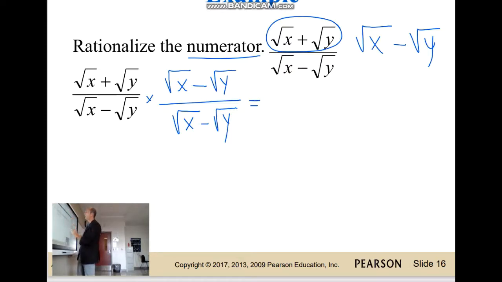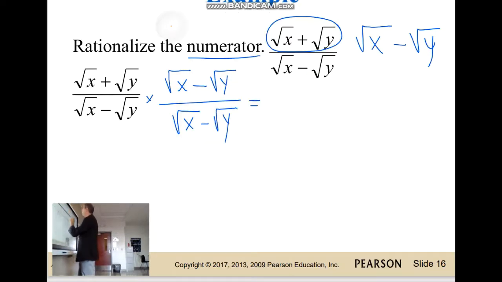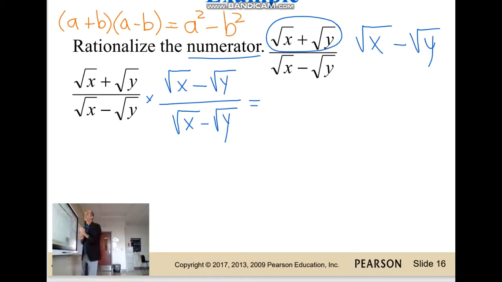We rationalize the numerator. I will write down again, so we don't forget, we are using this special product, a plus b times a minus b equals a squared minus b squared. Okay, this is the special product that I'm applying here, and this is going to be a, and this b.